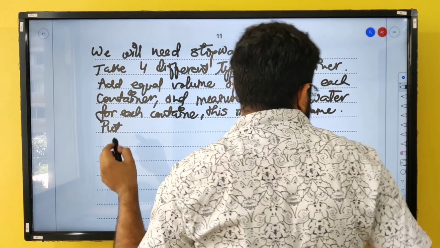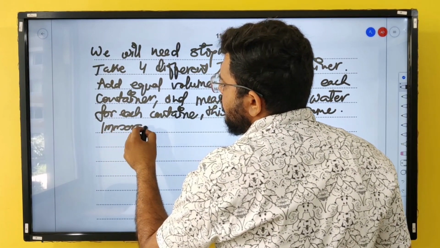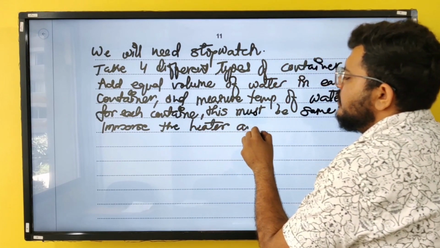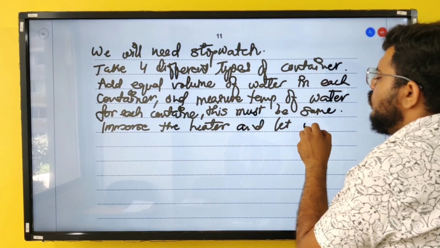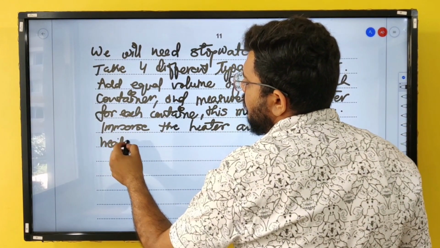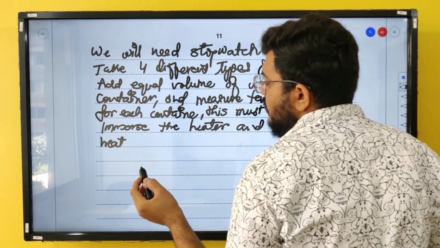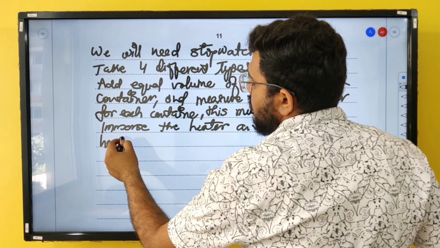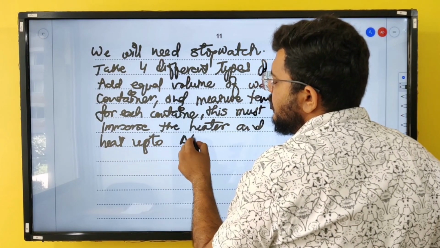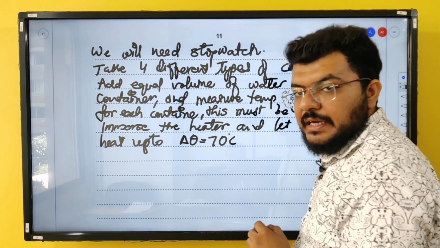Immerse the heater and let the water heat up to a delta theta of 70 degrees Celsius.